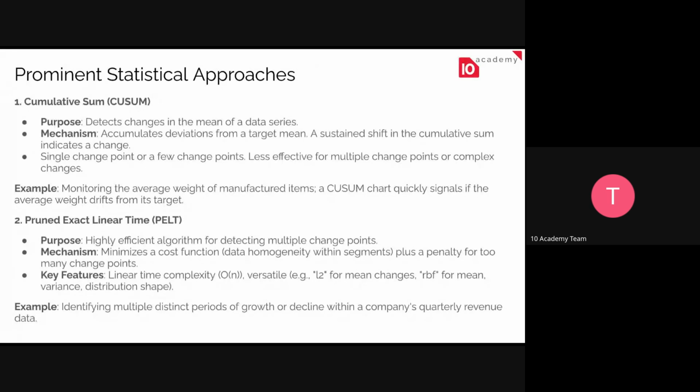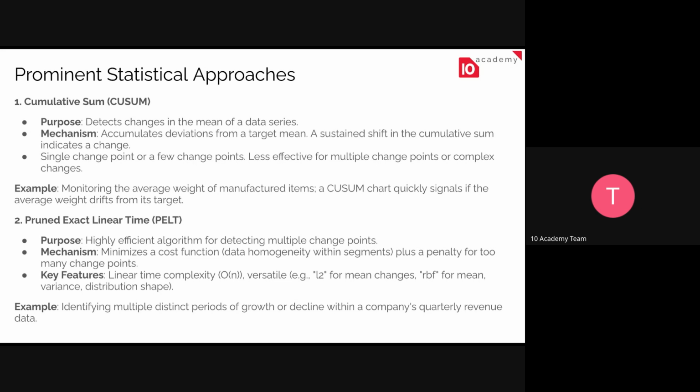So how does it do this? It accumulates the deviation from the target mean, and if there is a huge change between this cumulative sum and the data point, it will identify that point. I included this because it's part of the statistical approach, but for this week it's not going to be usable, because the cumulative sum is good for identifying single or very few change points, but much less effective for multiple change points, which is what you have.